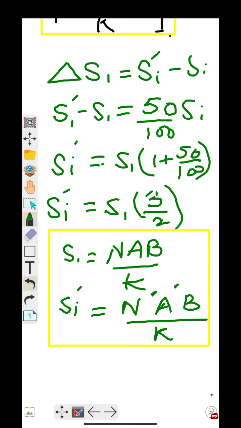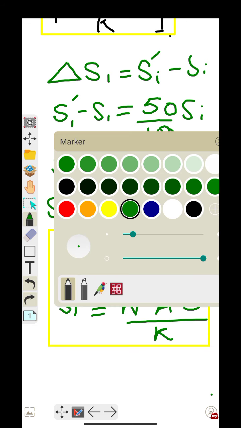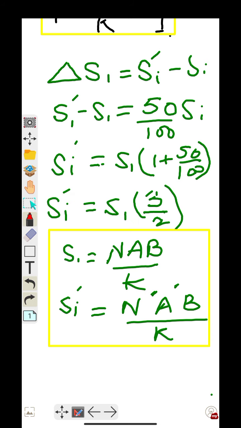So I'll put them into this equation that is marked in red.